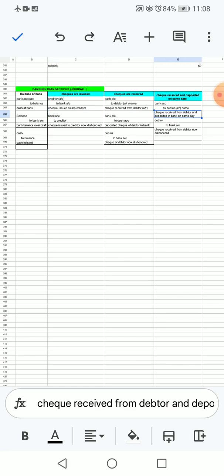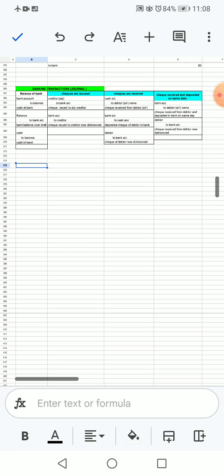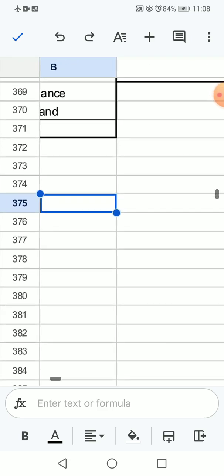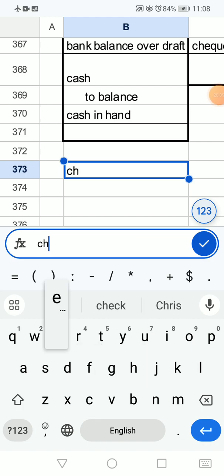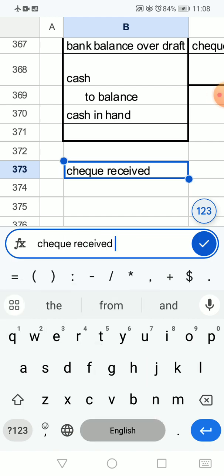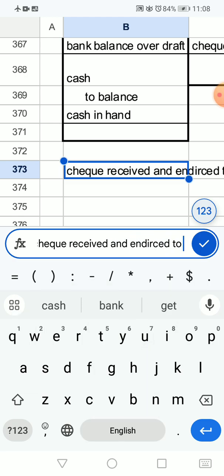And fifth stage we will write over here. And what is that? That would be associated with check received and endorsed to third party or the creditor.